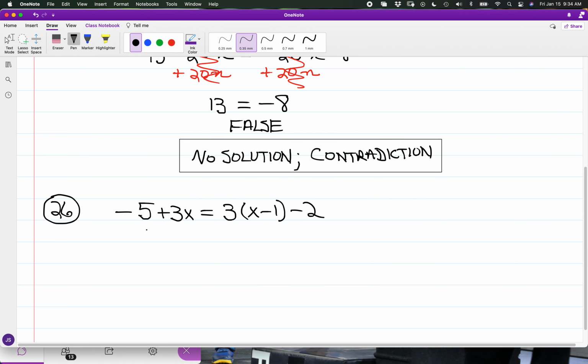And now on the left-hand side, we have just unlike terms, and there's no activity to perform yet on this end of the equation.